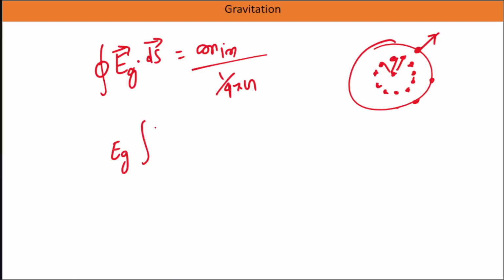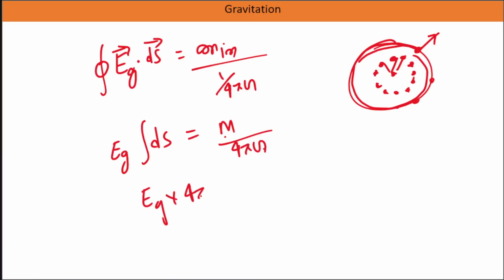Eg summation of all ds equal to the mass enclosed, which is m, because inside this surface the mass is capital M, divided by 4 pi g. So Eg into 4 pi r square equals m by 4 pi g.